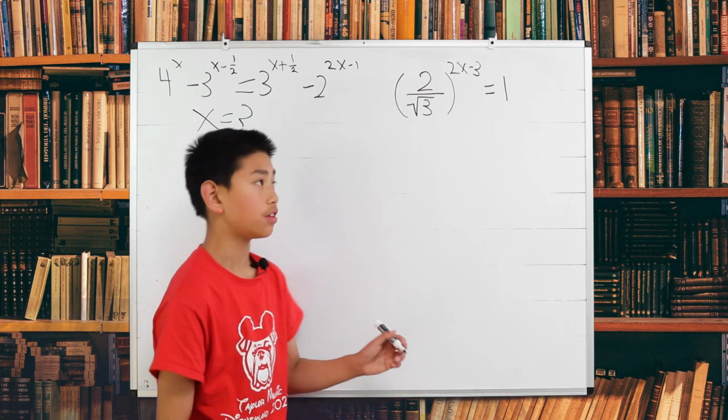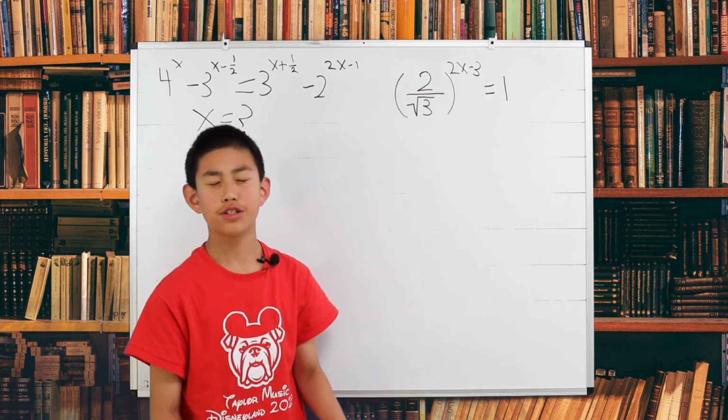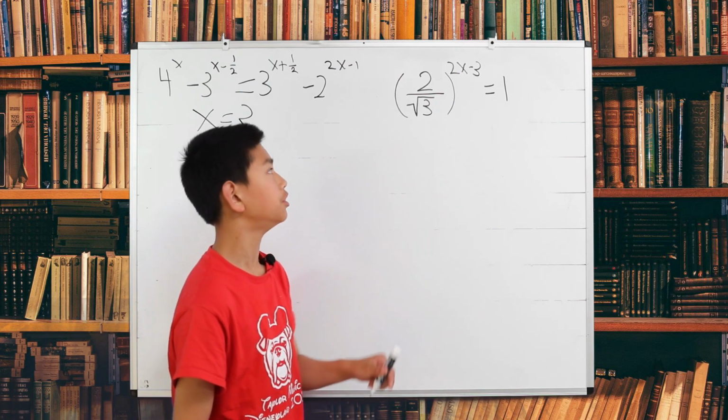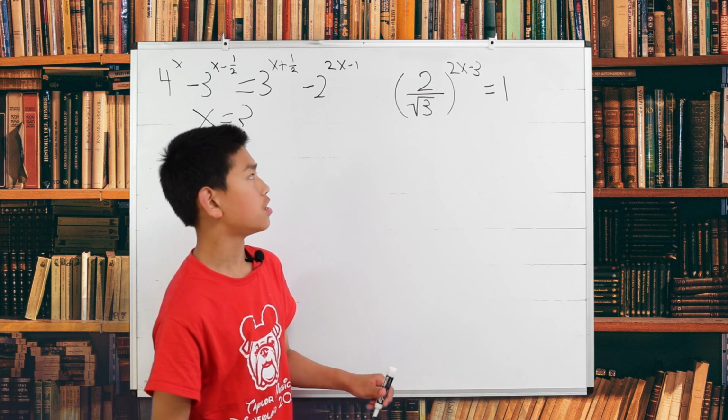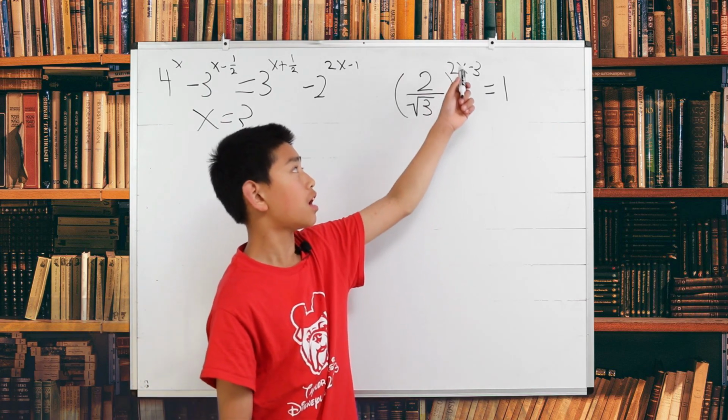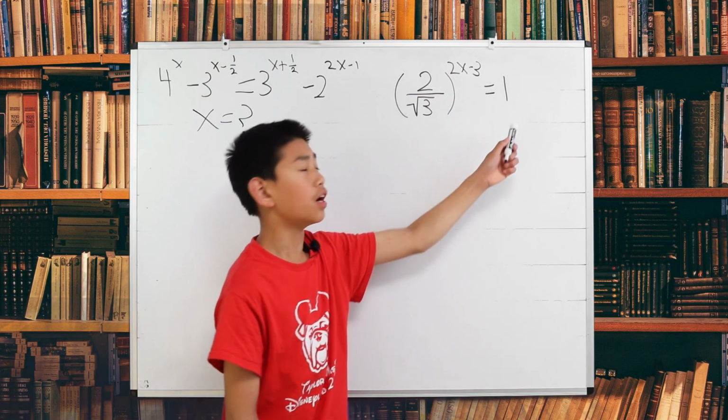Every step up to this part has been smooth sailing. This is the point, the challenge. We see that 2 over the square root of 3 to the power of 2x minus 3 is 1.